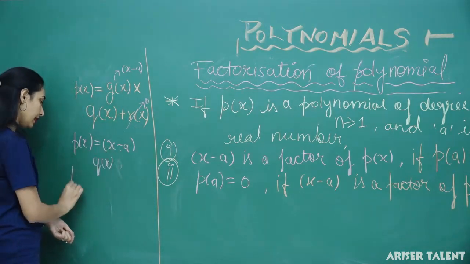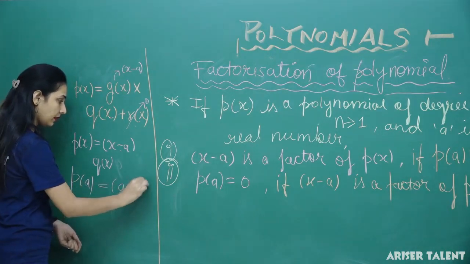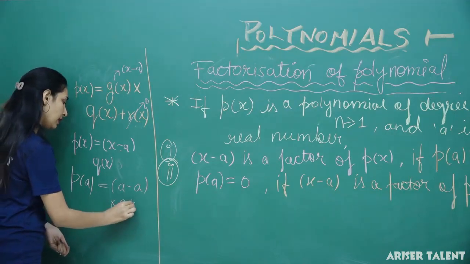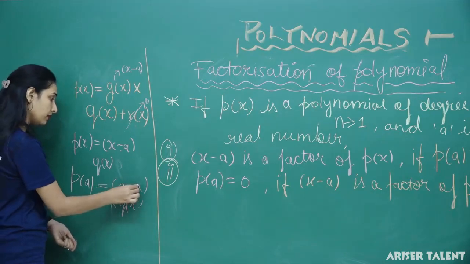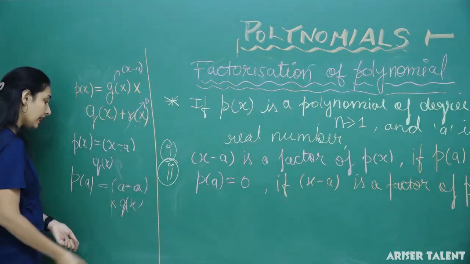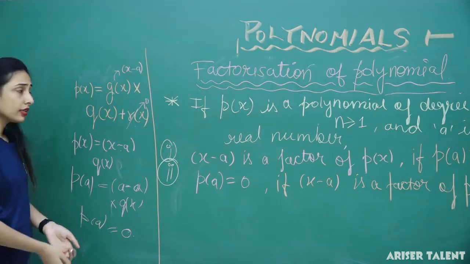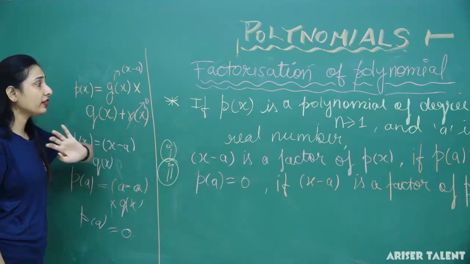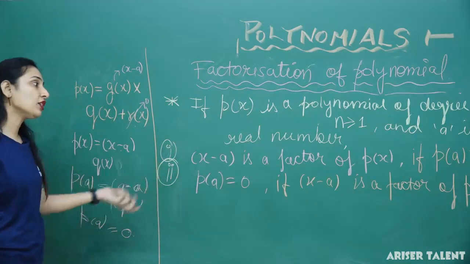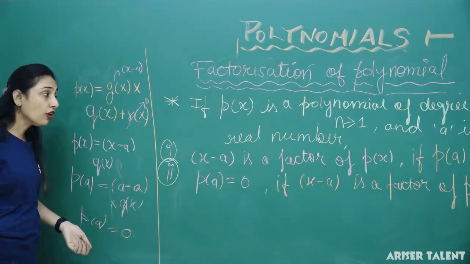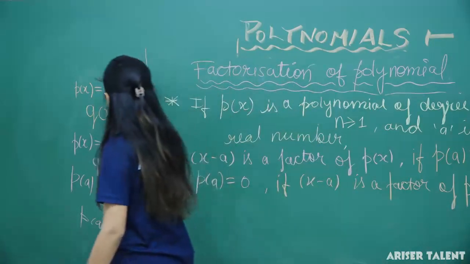Now if I put P(a) here, that will be a minus a multiplied by Q(a). Anything multiplied by 0, and a minus a is 0. So P(a) equals 0. Simply, x minus a is a factor of P(x) if P(a) equals 0, and P(a) is 0 if x minus a is a factor of P(x). So this is the theory.